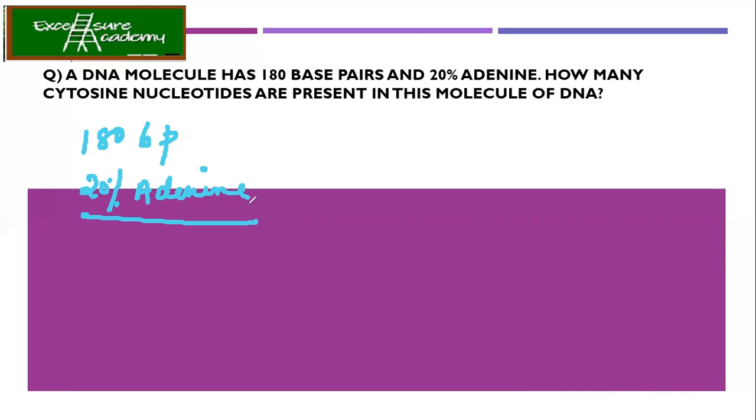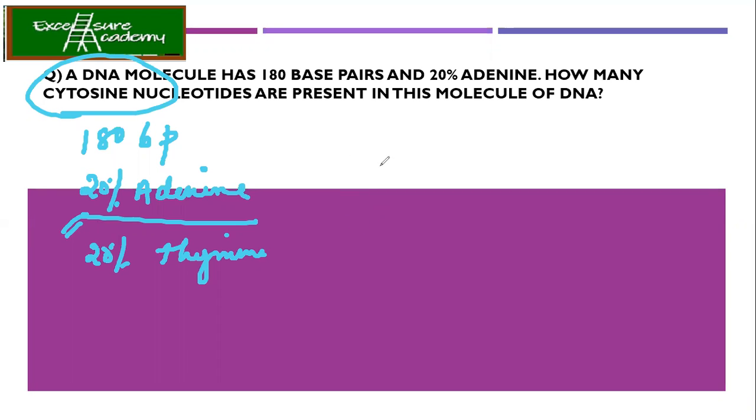So 20% adenine is there, so it means 20% thymine I have, right? So what about the others? They're asking about cytosine nucleotides. I need to calculate the cytosine number. It is given in percentage, but I need to calculate in number. What will be the next step?